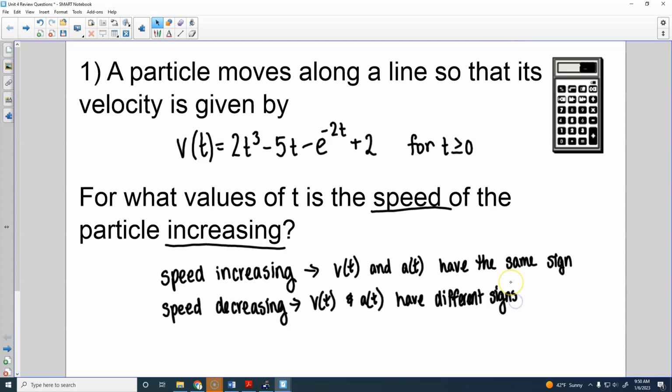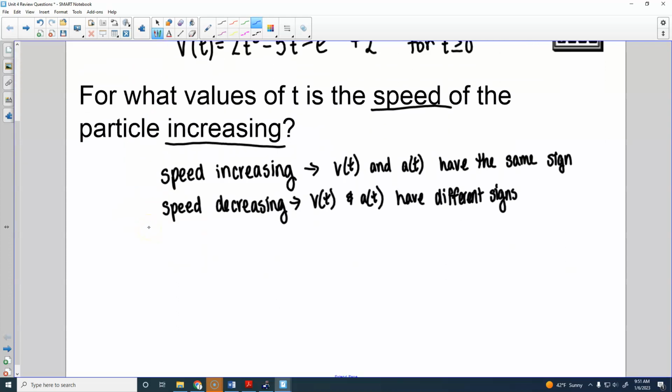So I'm not going to do this problem, but they give me the velocity formula, right? So I can graph that in the calculator. What am I looking for when I look at that velocity?